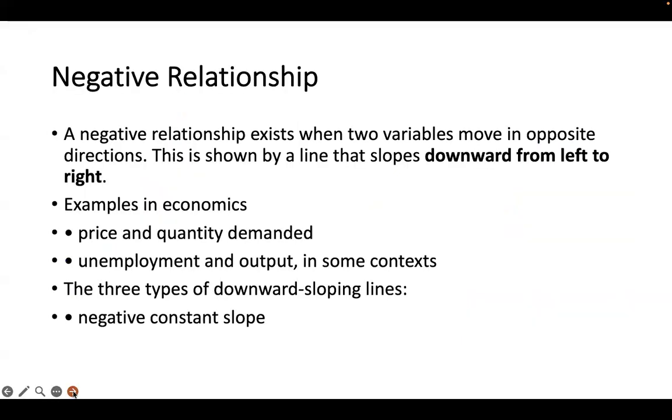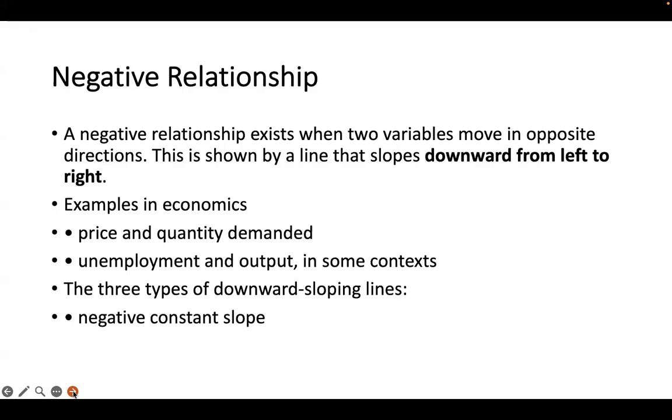Then we move to the negative relationship. Negative relationship also exists when two variables move in the opposite direction. Thus, if one variable increases, the other decreases. This is shown by a downward slope from left to right.